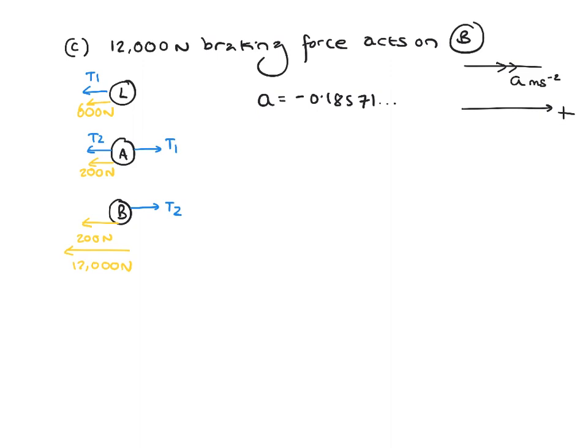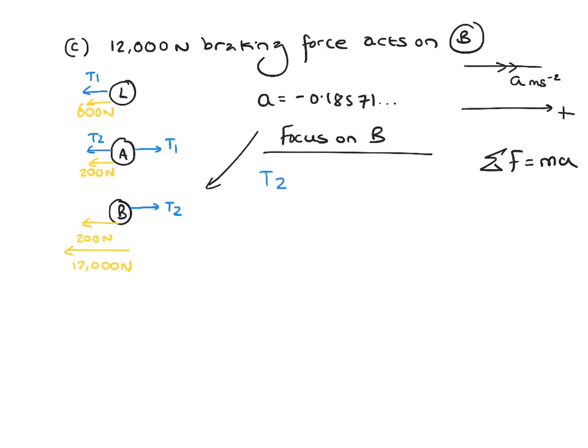Now, we need to find the value of T2, so we're going to focus purely on particle B for this. We have F equals ma again, and we have T2 forwards, minus 200 minus 12,000, which equals the mass of B, which was 10,000, multiplied by the acceleration, which we have up here. Don't worry about directions.